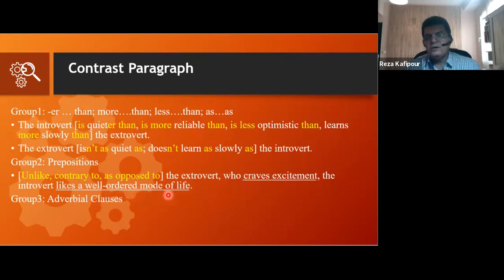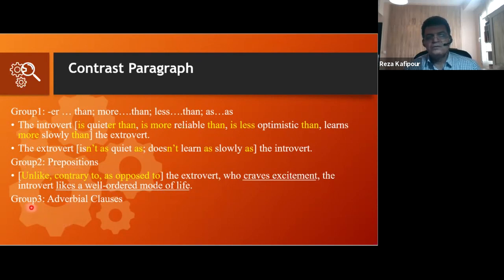So what is the basis of comparison? Craving excitement or liking a well-ordered mode of life. Actually, these two refer to the basis of comparison. So that was the second group, using prepositions to show differences.